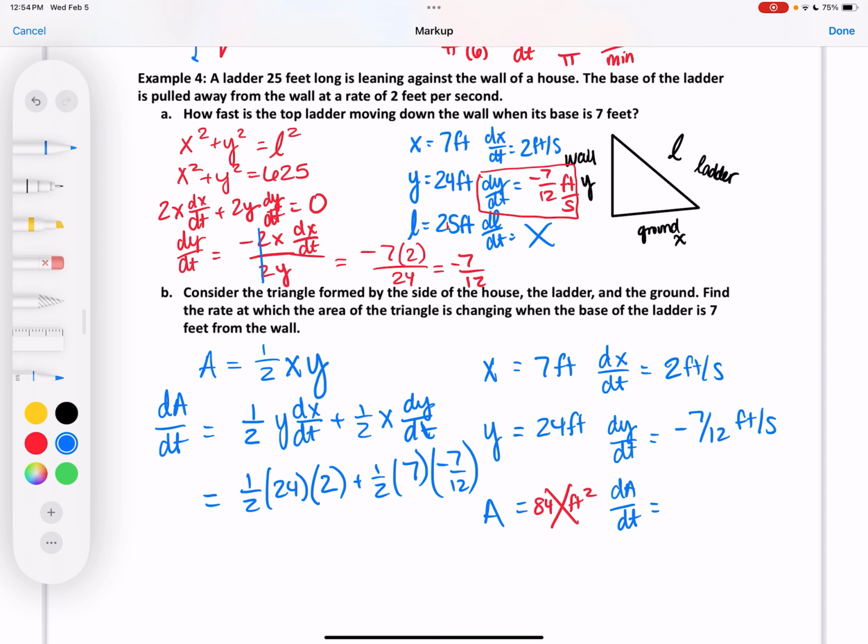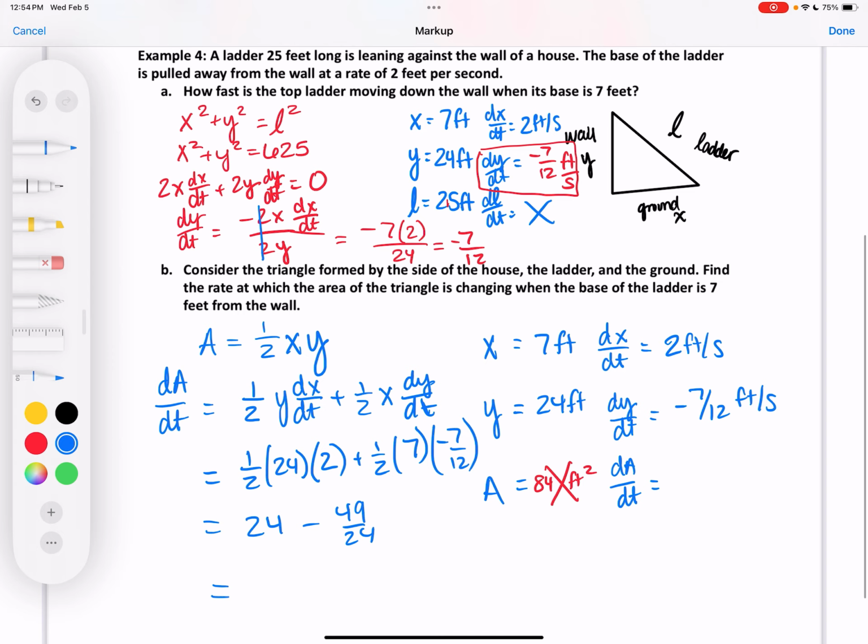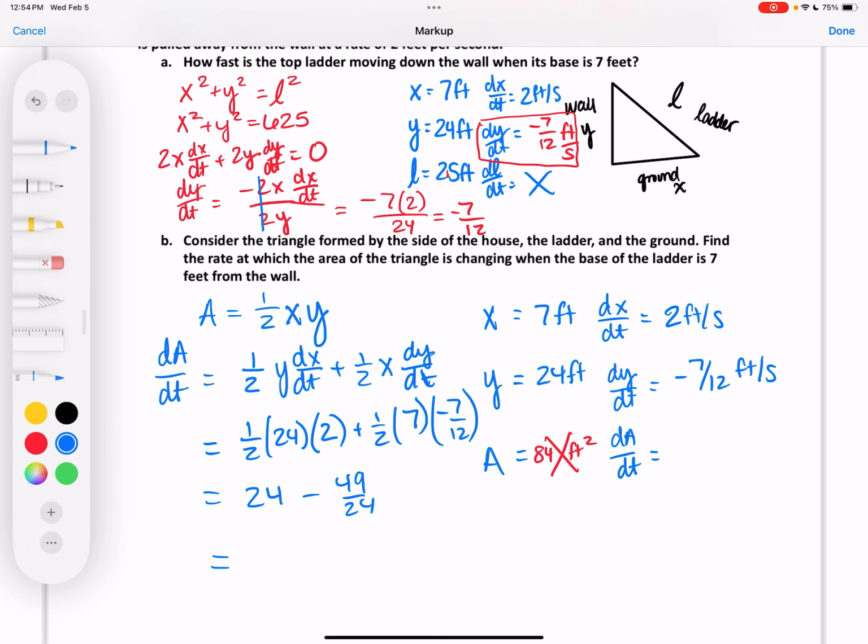So that's 24 minus 49/24. And at that point, I would just use my calculator probably to get an answer. I could obviously get a common denominator and leave it as a fraction, but it's a weird fraction, so I would just use the calculator.